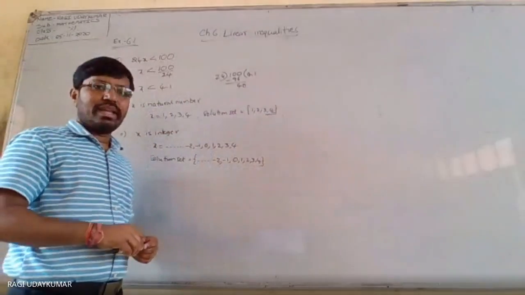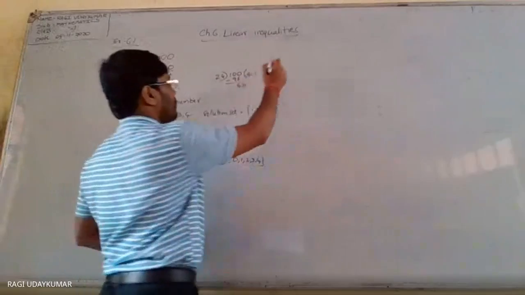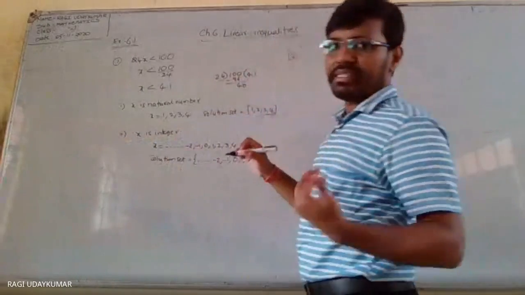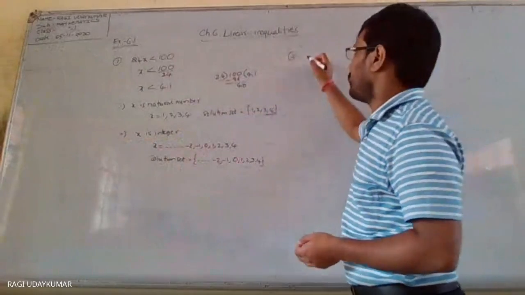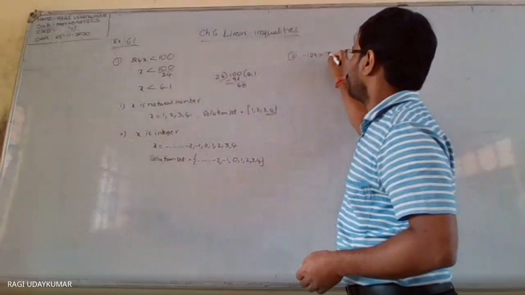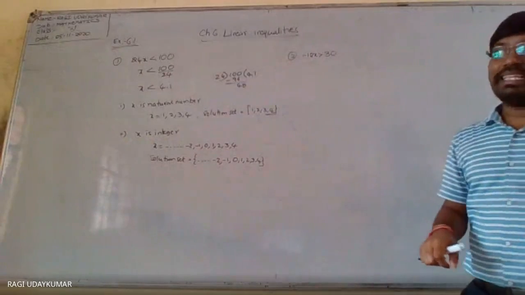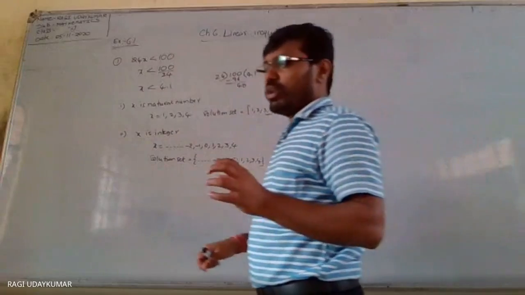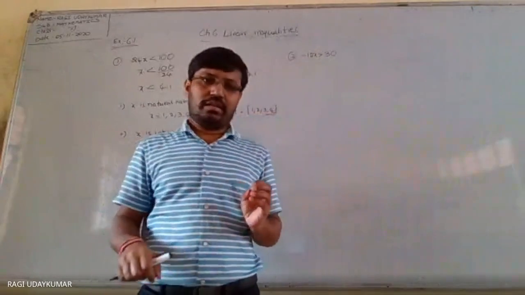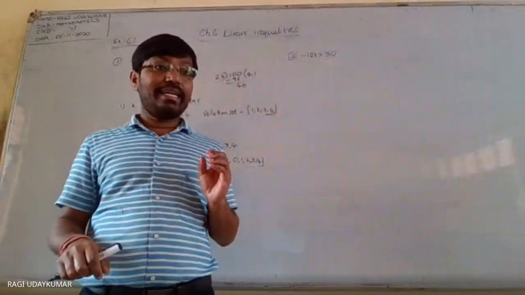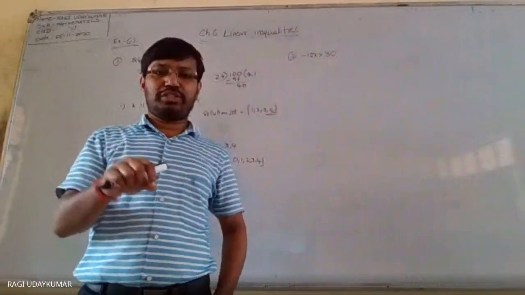Okay. So second question, you see that a negative number is given to you: -12x is greater than 30. In this situation, the variable is x and it contains a negative coefficient.